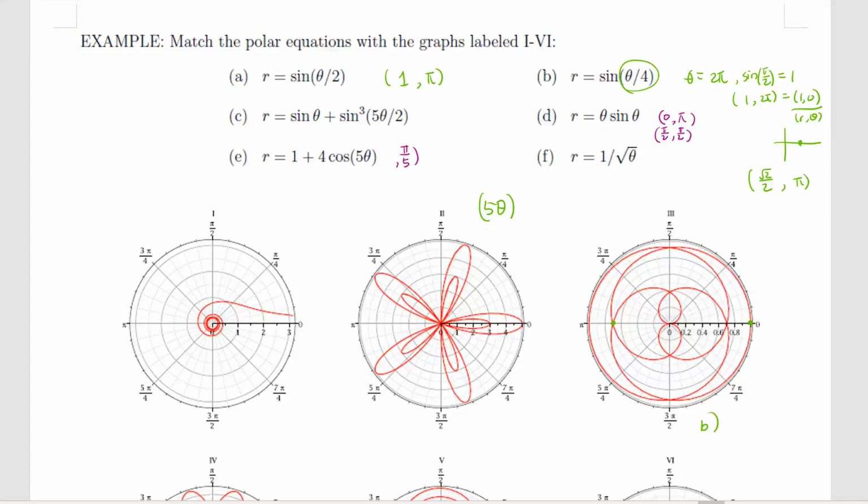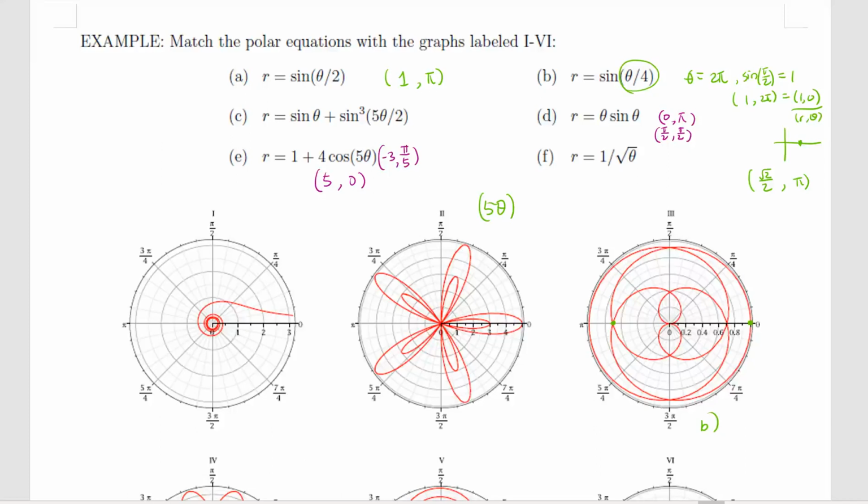So -1 times 4 is -4, and 1 minus 4 is -3. We can also plug in 0. Cosine 0 is 1, and 1 times 4 plus 1 is 5.